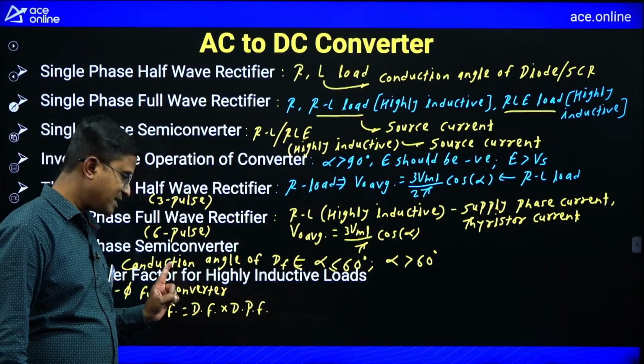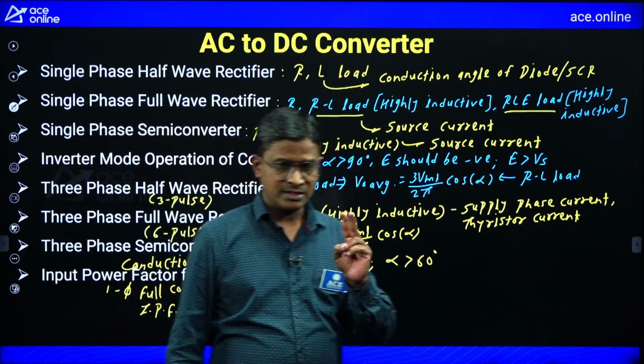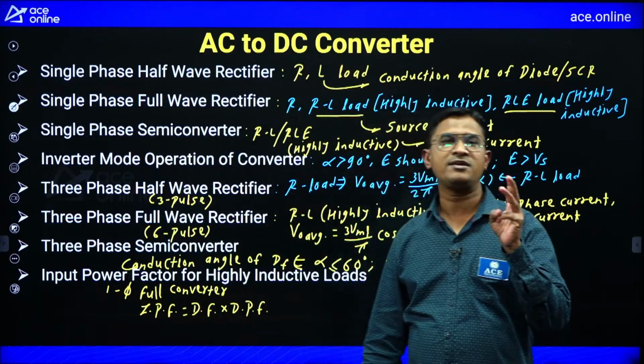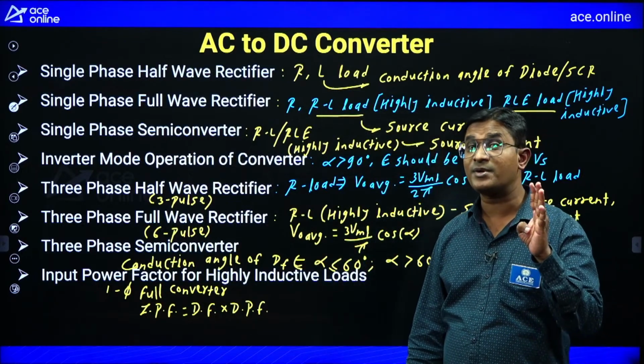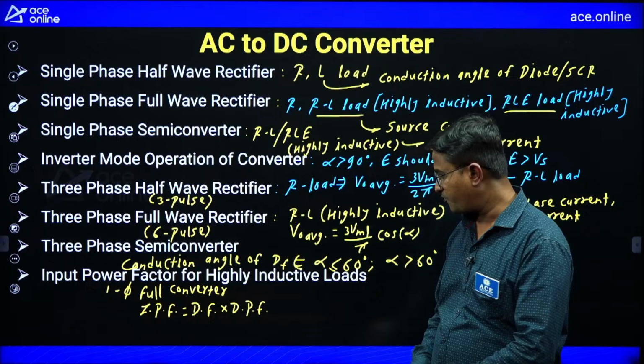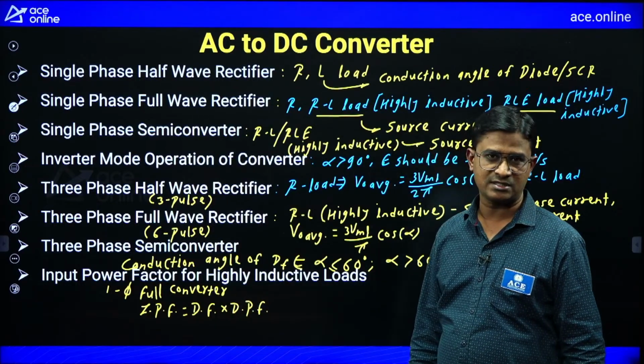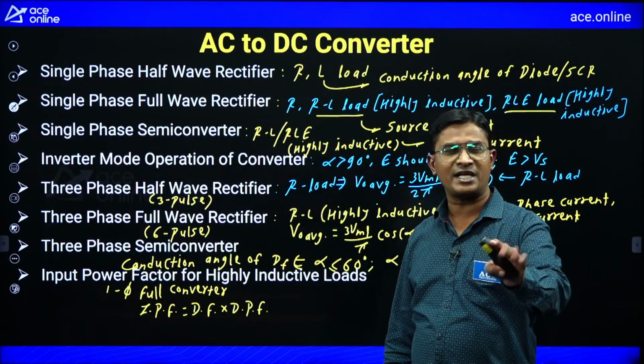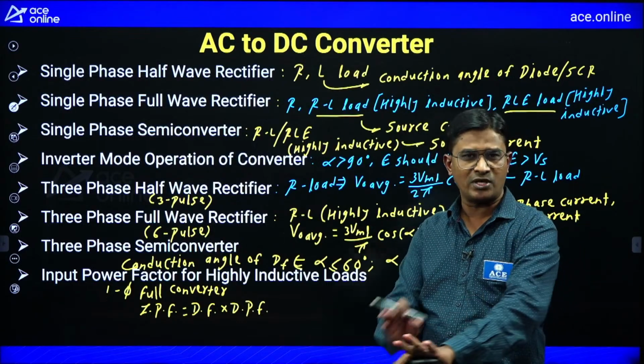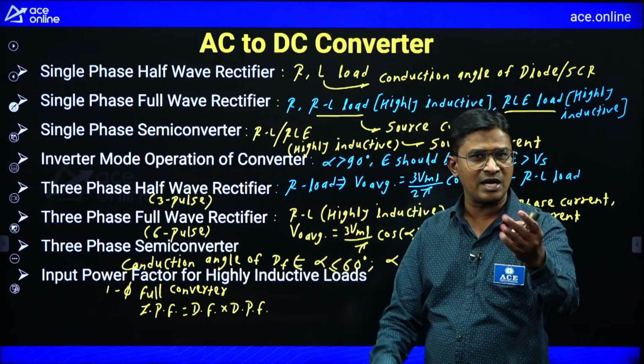So for single phase full converter, single phase semi converter, 3-phase full converter and 3-phase semi converter, we are having the expression for DF and DPF. Please try to go through those expressions. 3-phase semi converter expressions are not required to memorize because till now not a single question they have asked.